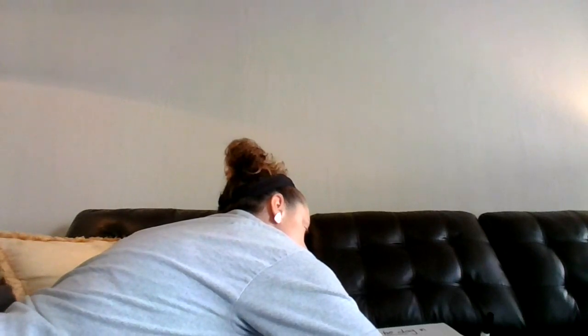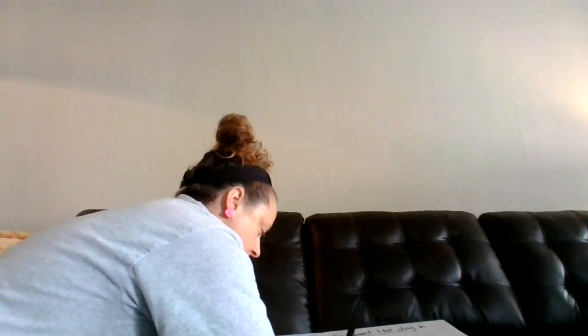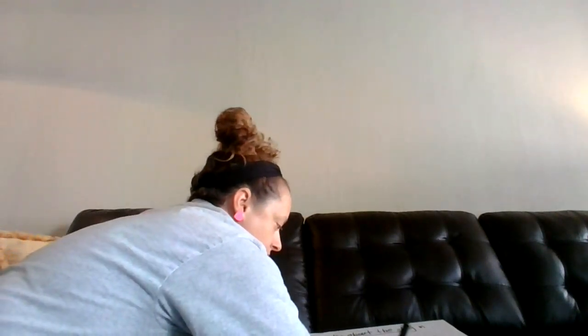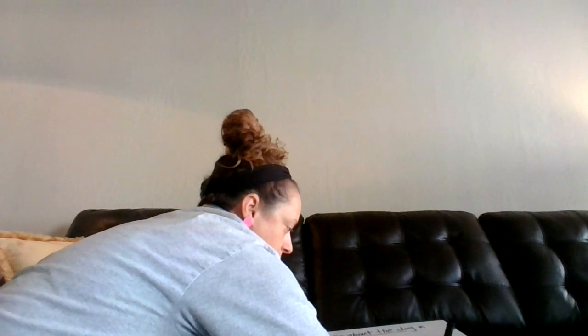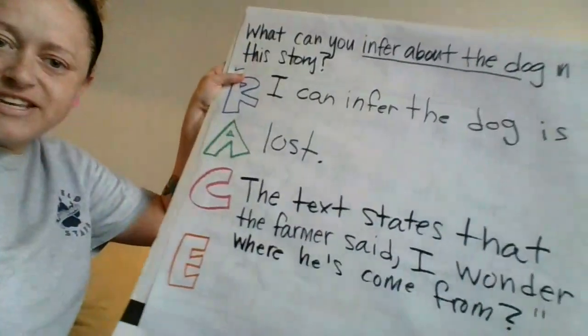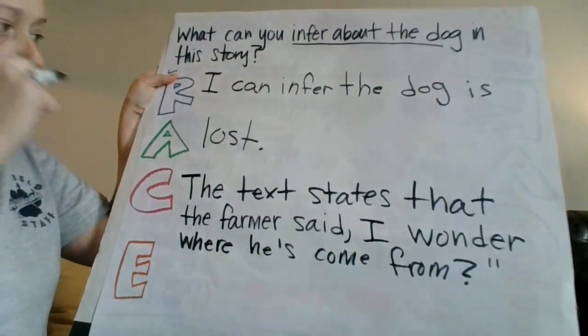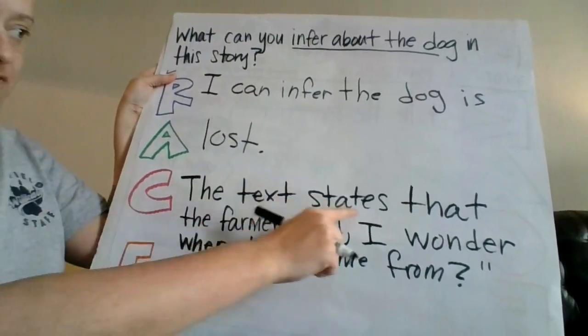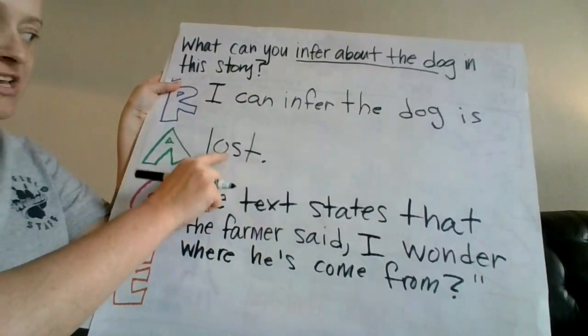I wonder where he's come from. And it's kind of hard, tricky writing at this angle, but you can see now that I have cited my evidence that supports why I think he is lost.